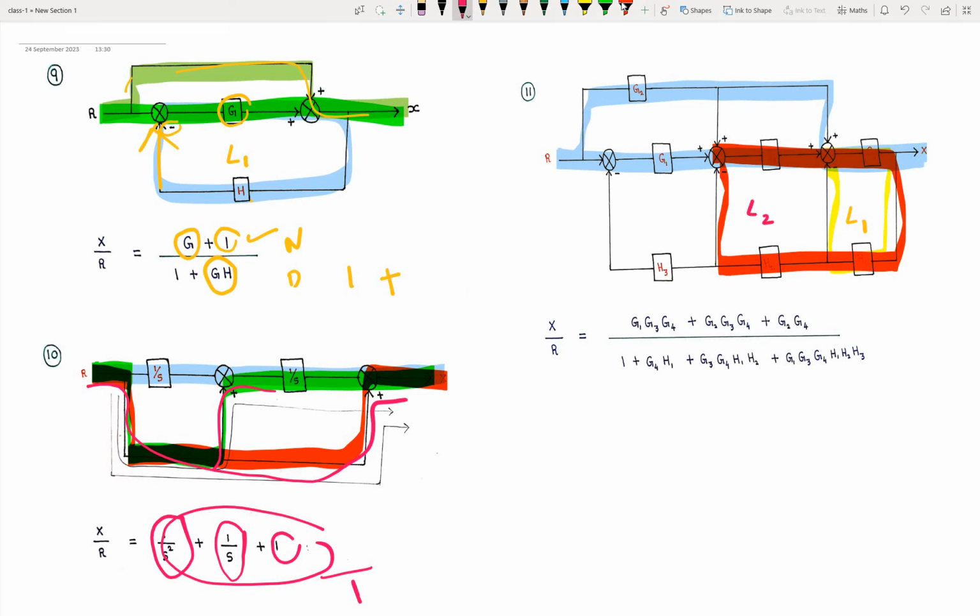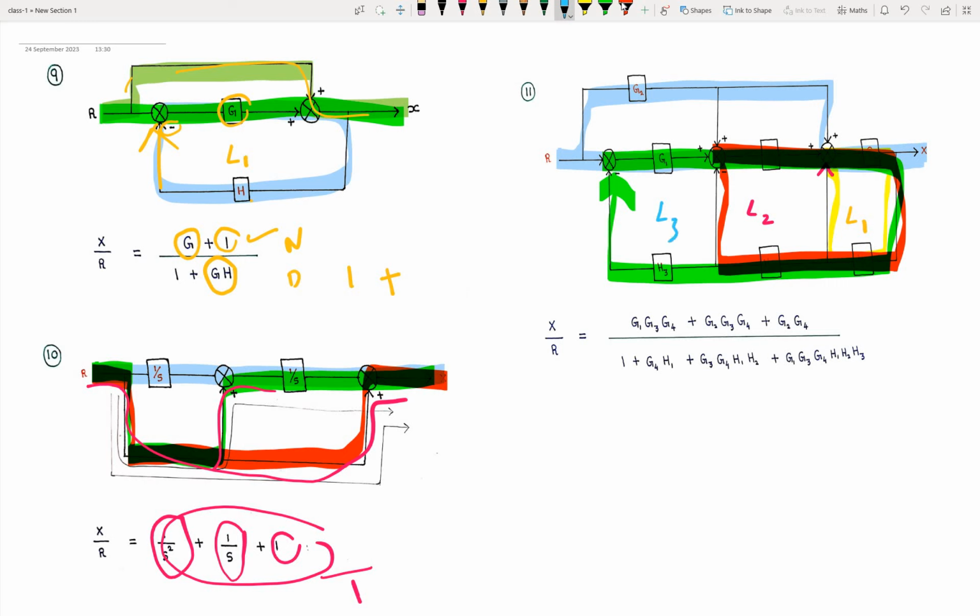You can get a doubt like why this can't be a loop. This can't be a loop since we have the arrow mark like this. So the only possible loop is like this. And one more loop is this one. Let me name it as L3.